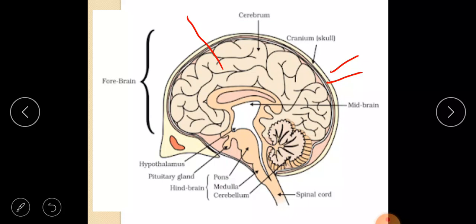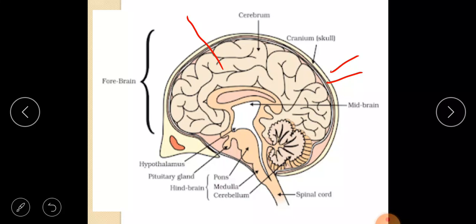which connects the forebrain with the hindbrain. Clear? And in this region, there is the hypothalamus, which is sometimes regarded as part of the forebrain, and sometimes as part of the midbrain. The hypothalamus is also a gland, because it releases certain hormones which control even the pituitary gland.